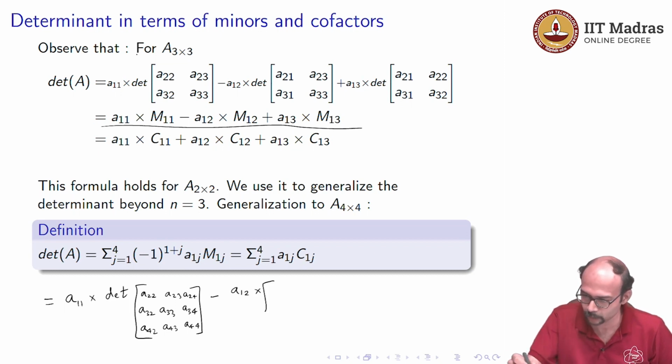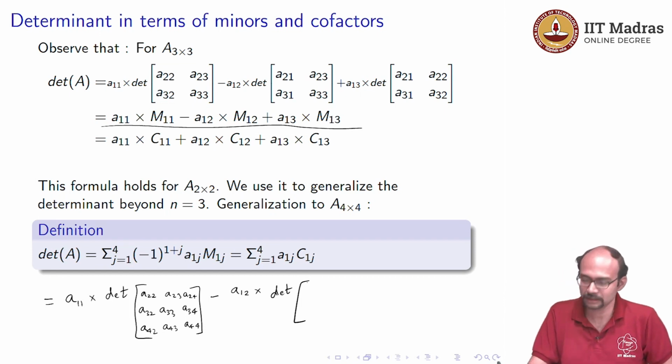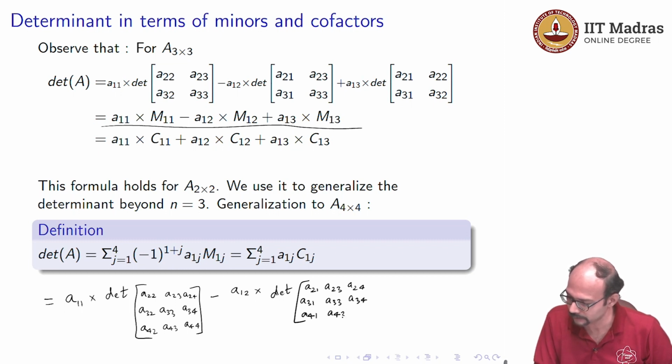Then minus a12, and I will maybe write one more term, sorry, there should be a determinant here. So, now we drop the first row and the second column. So, now we get a21, a23, a24, a31, a33, a34, and then a41, a43, a44.